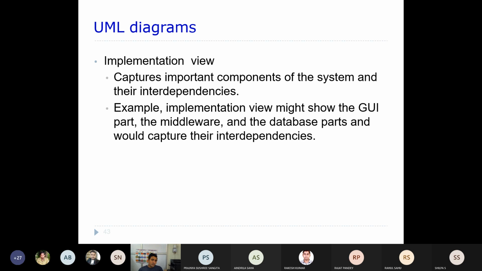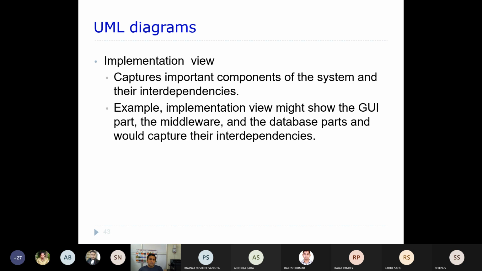And there is an implementation view. It captures the important components of the system. That means what are the different software components that are really required, or that are part of a particular system, and their interdependencies and how they are dependent on each other.